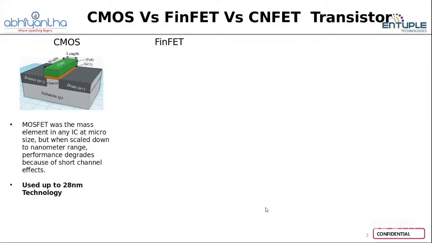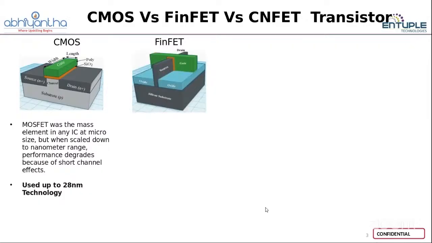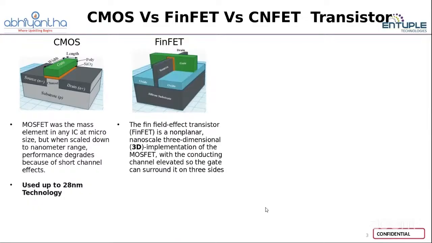So we moved on to the next device, the FinFET, with multi-gate technology. For high-end applications, we need high-speed devices. The FinFET is used for technologies below 28 nanometer, that is 14 nanometer and 10 nanometer.